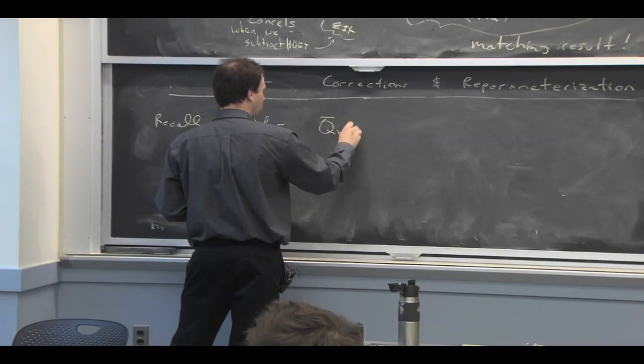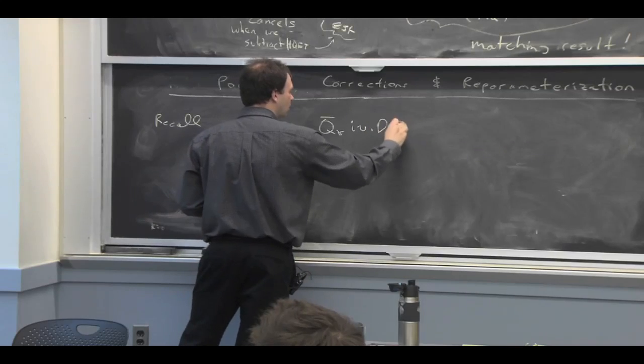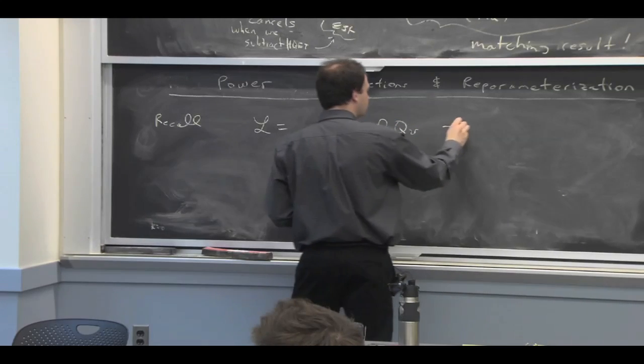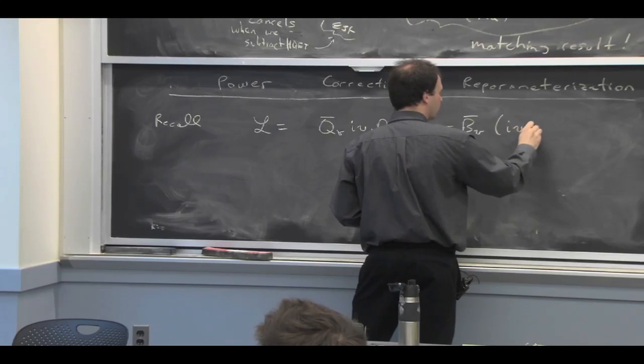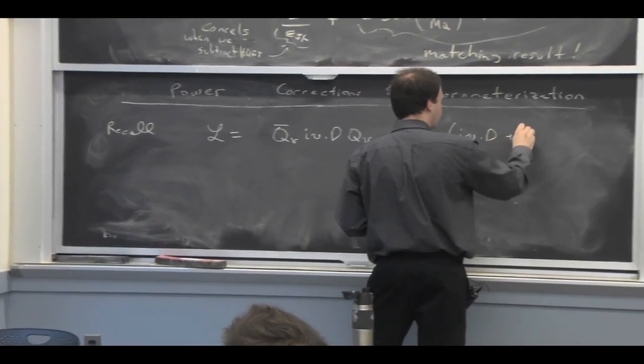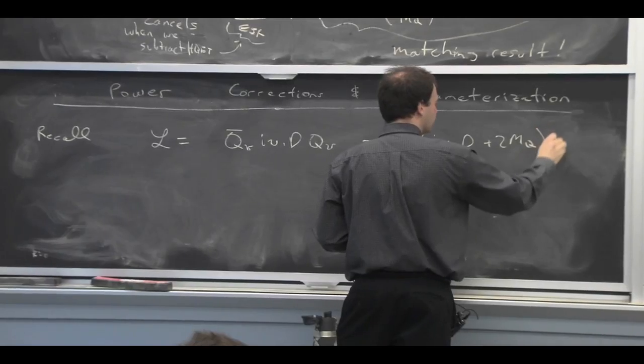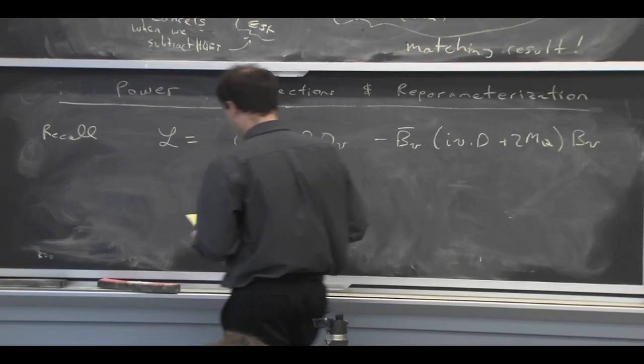So let me show you how you can construct those terms. Let me go back to a representation of the full QCD Lagrangian, which we had in terms of this B field and the Q field.